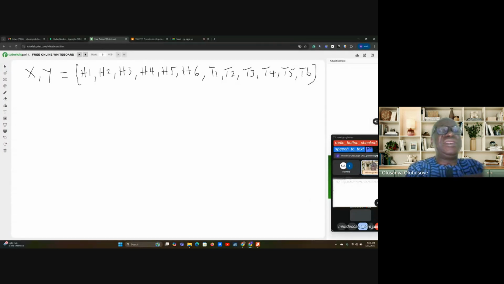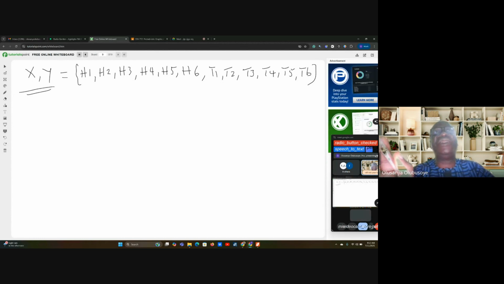So this is called the joint distribution, which simply says all the possible outcomes in the experiment of tossing a coin and throwing a die. These are all the possible outcomes.